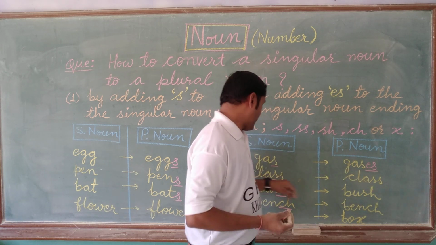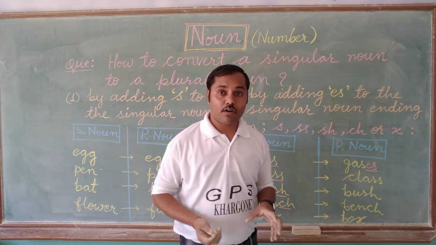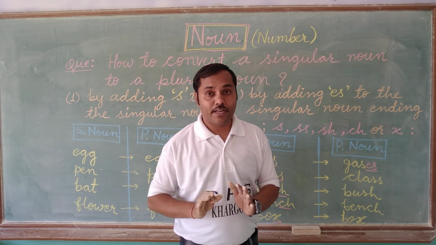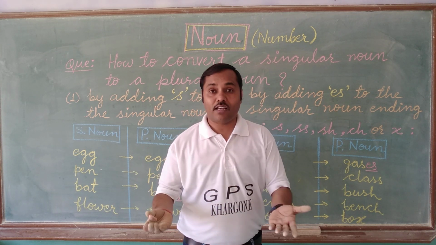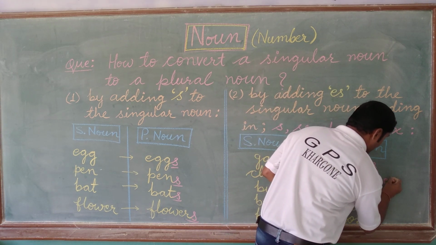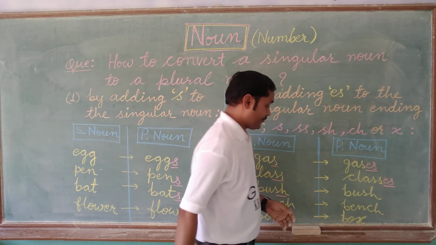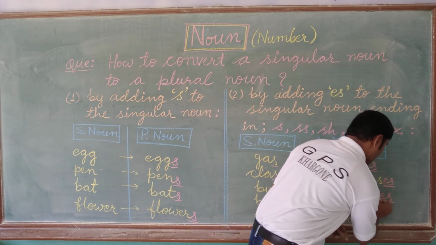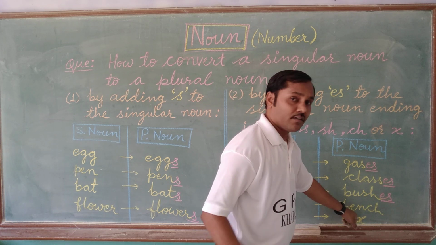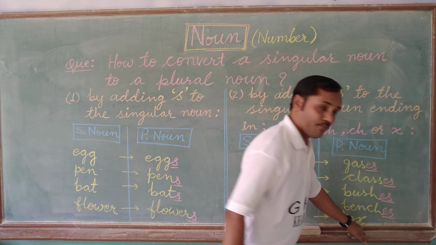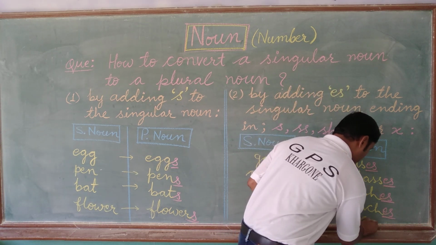Guesses. Now class, if I talk about only one class, at that time I call it class. But when I am talking about more than one class, at that time I add ES. Classes. Bush, bushes. Bench, benches. Box, boxes.